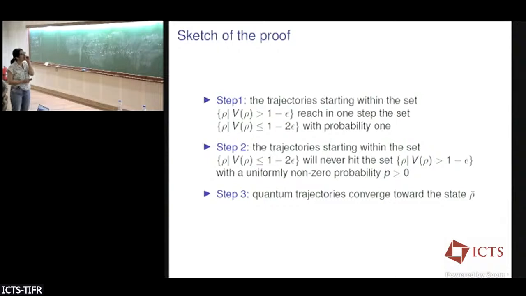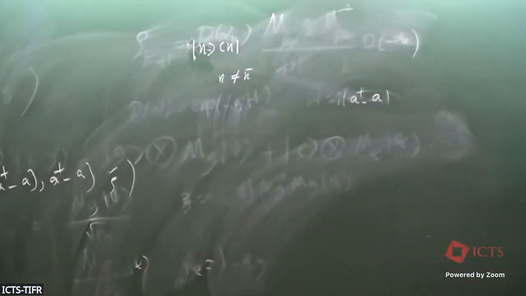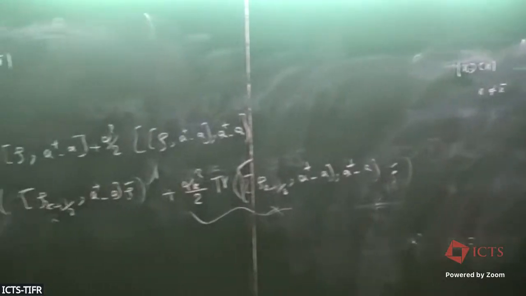So the proof, if you look at this paper, is quite difficult. In fact, the ideas come from another paper in continuous time, the paper of Mirrahimi and Van Handel in 2009.